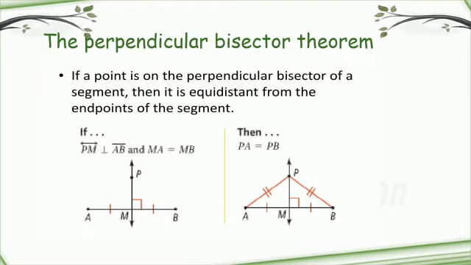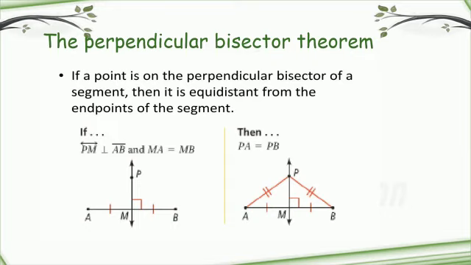Why is it a perpendicular bisector? Since it cuts the line AB at the midpoint, and it makes a 90-degree angle. So this line is the perpendicular bisector, and we have the point P located on this line.